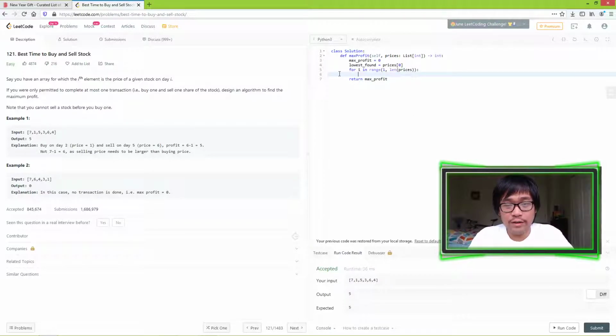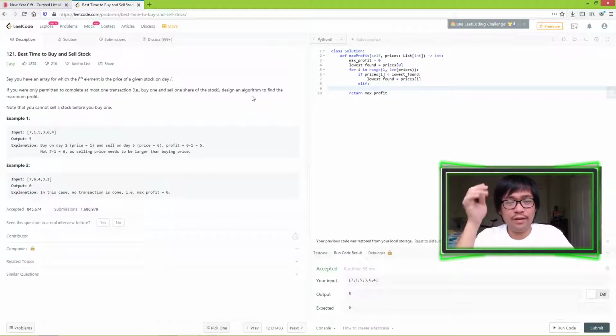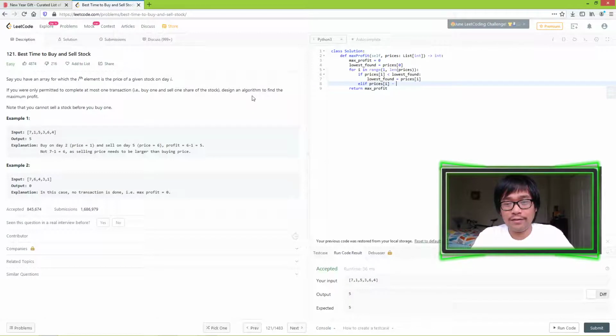So for i in that range, if the current value is less than lowest found, we're going to set that value. So if that's less than that, then lowest found is going to be equal to prices i, else if the price at i, the current item, minus the lowest found is greater than the max profit, we'll set max profit equal to that.